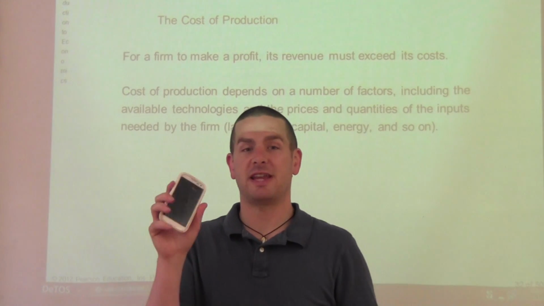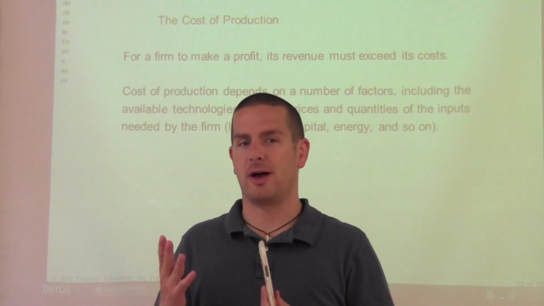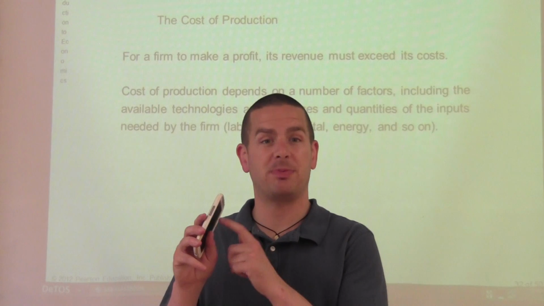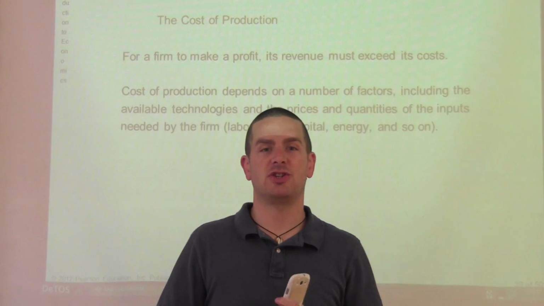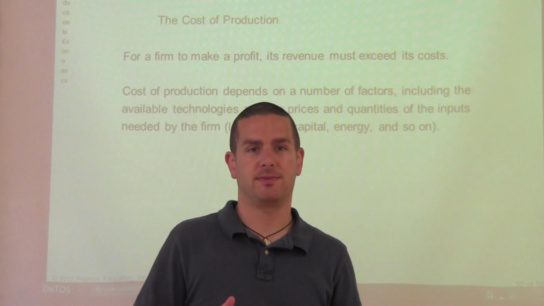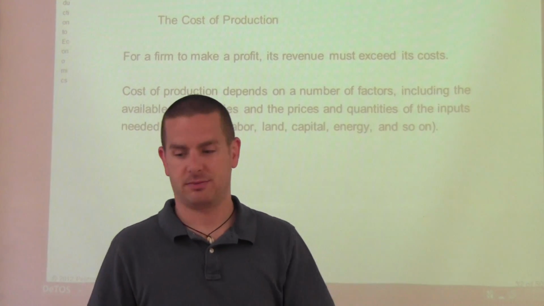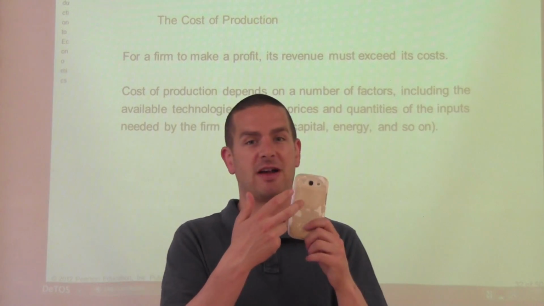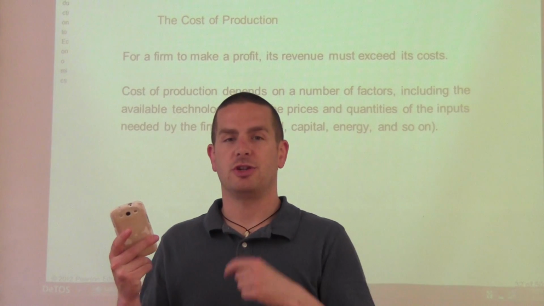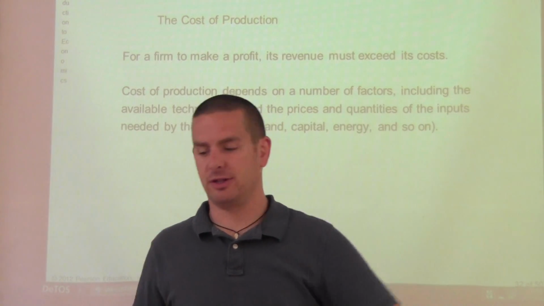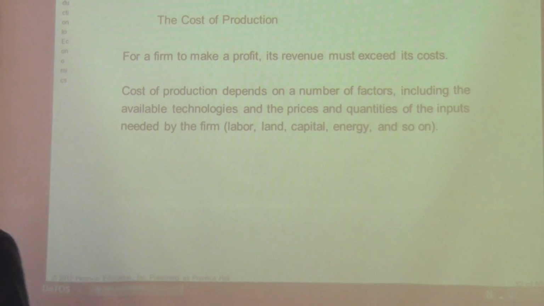However, if you're Samsung and the price of gas goes up to ship these things, that changes your cost of production, which means your supply curve shifts. The price is still $500 for the phone, but you now have to pay out a little bit more for your costs.